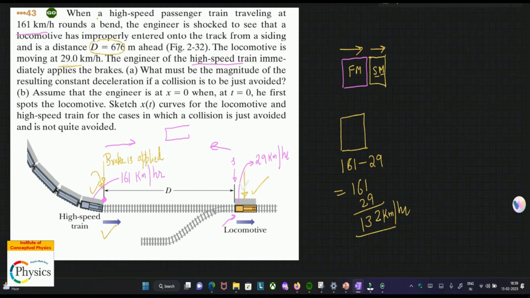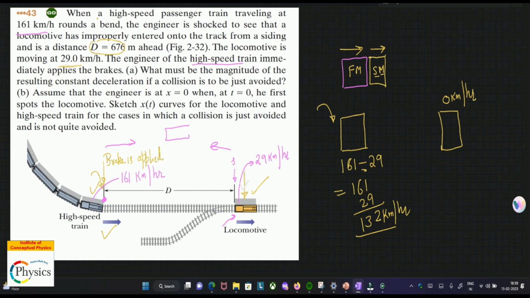So you can assume that the fast train is moving with 132 kilometers per hour, and since you have transferred the speed of the slow moving train to the fast moving train with a negative sign, you subtract it. This is moving now with 0 kilometers per hour. So it is one and the same thing.